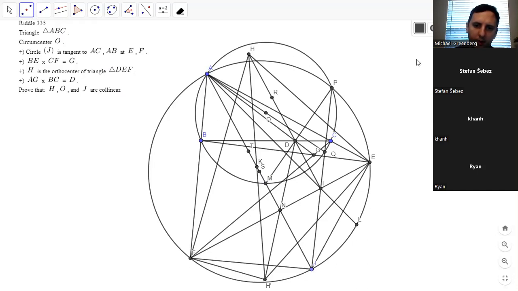So S, is FJ parallel to AP? No. So HT you can prove is perpendicular to BC.